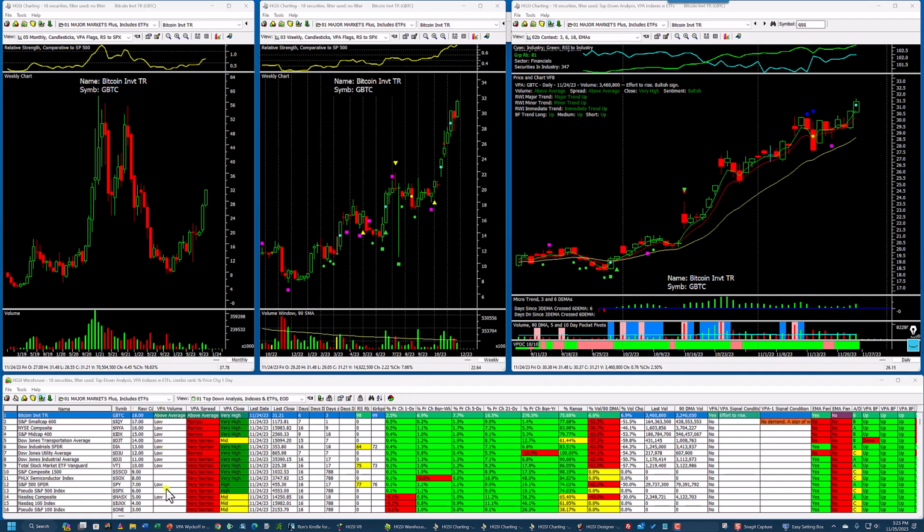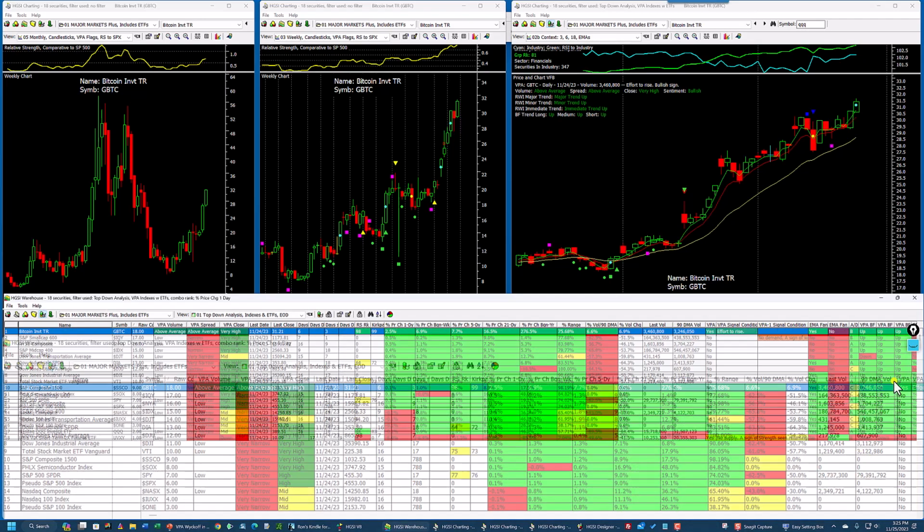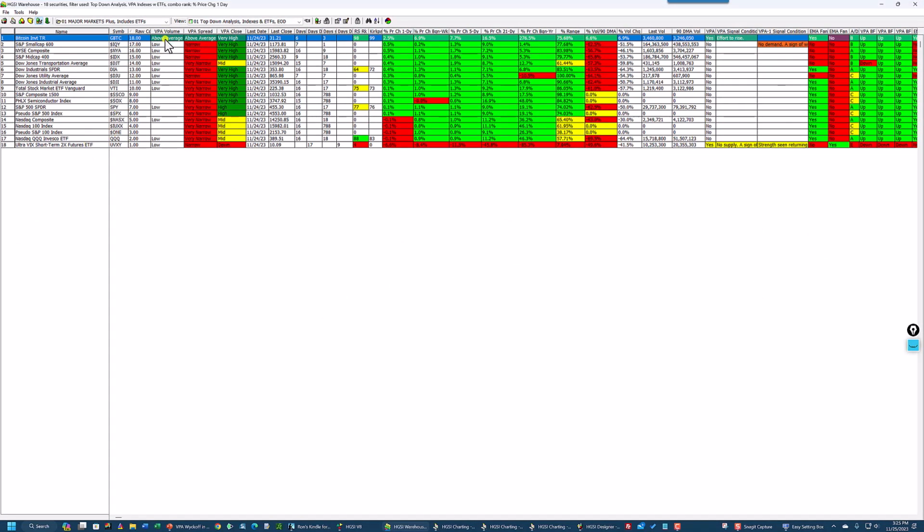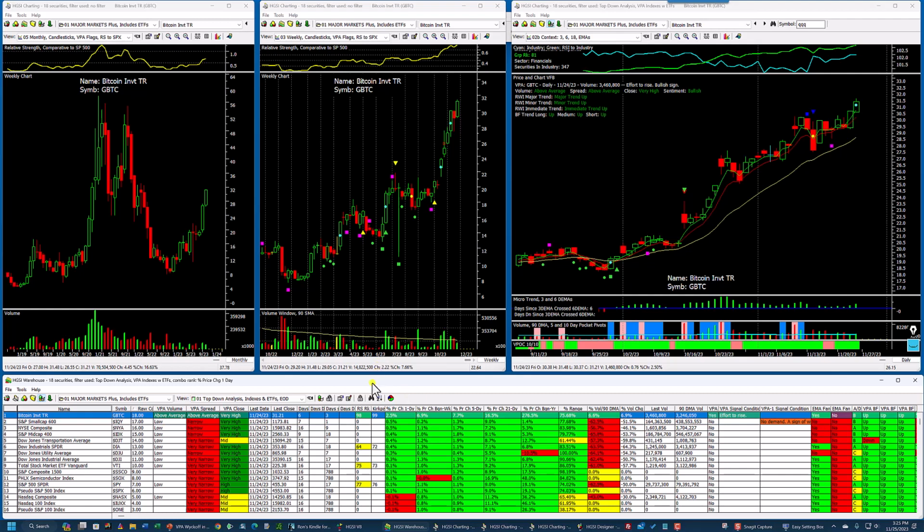If you look down this column, you'll see that several of these do not have volume. I'll go ahead and make this full screen, and there are several that are blank in here. And that's one of the reasons why I use the 3-8 crossover triggers also, in addition to the VPA indicators and the Wyckoff indicators, which are these 3 columns right here.